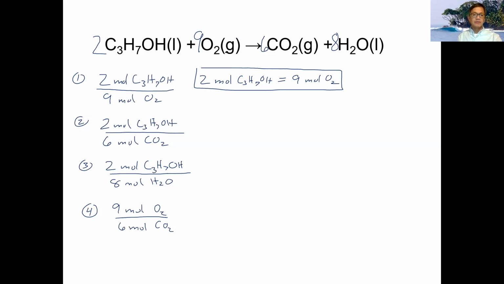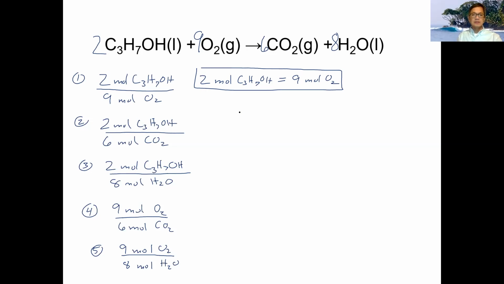Okay, and then we can form one last one between oxygen and water, and so we have 9 moles of oxygen and 8 moles of water. Right. So we have oxygen now paired up with each one of these.